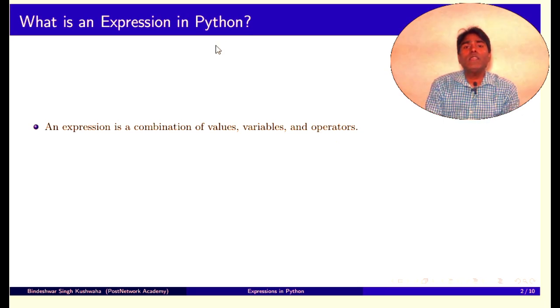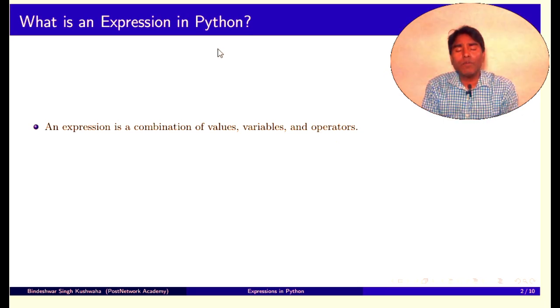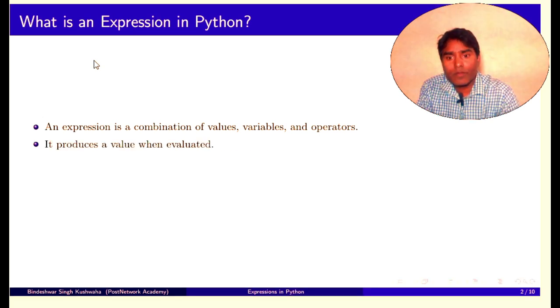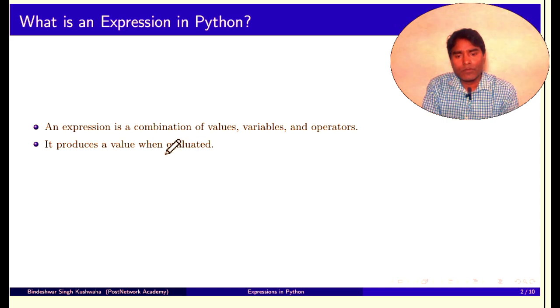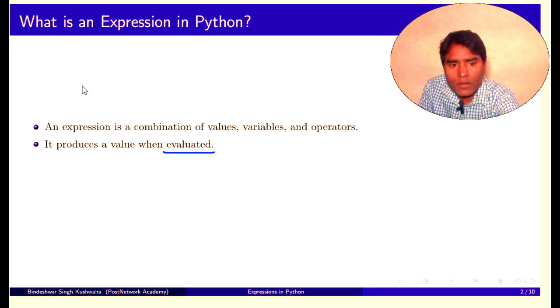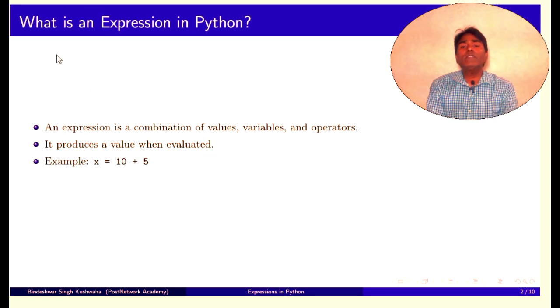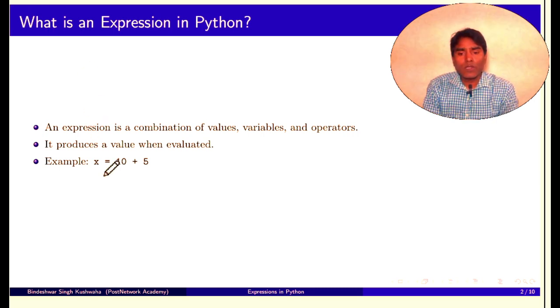Basically an expression is a combination of values, variables and operators. If an expression is evaluated, it will produce a single value. Now let us see an example: x is equal to 10 plus 5.